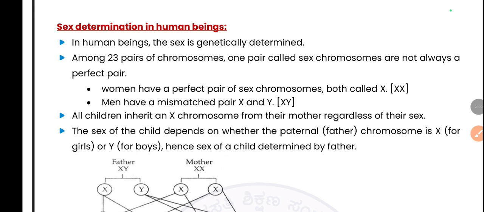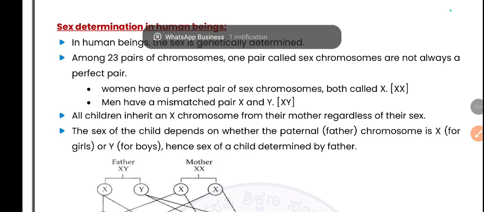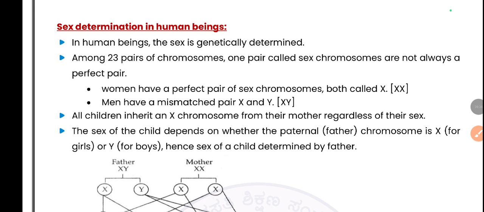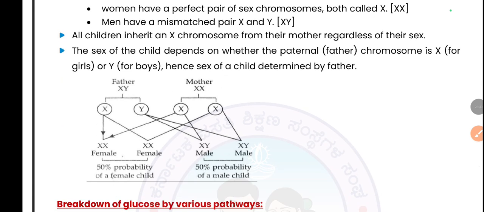Men have a mismatched pair, X and Y. All children inherit an X chromosome from their mother regardless of their sex. The sex of the child depends on whether the chromosome inherited from the father is X for girls or Y for boys. Hence, the sex of a child is determined by the father.